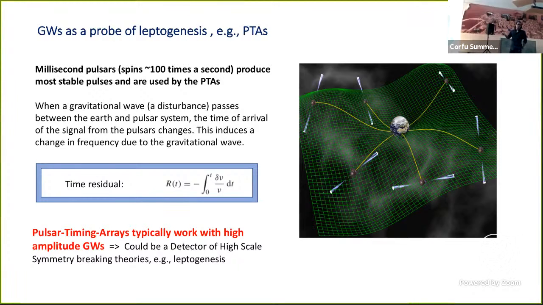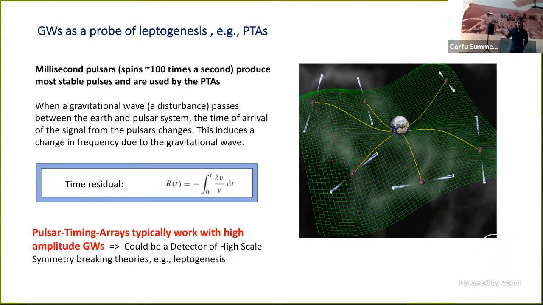But if it is, that would mean a lot, because pulsar arrays work with high amplitude gravitational waves, and if you deal with cosmic strings, those high amplitude gravitational waves typically link to high scale symmetry breaking, and therefore you can probe theories like grand unification and leptogenesis.